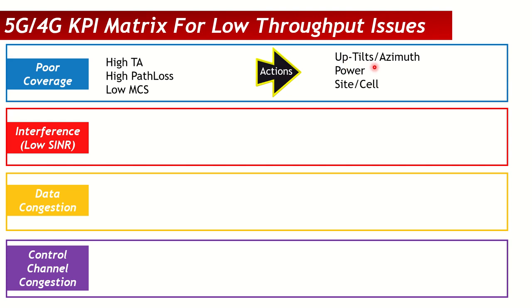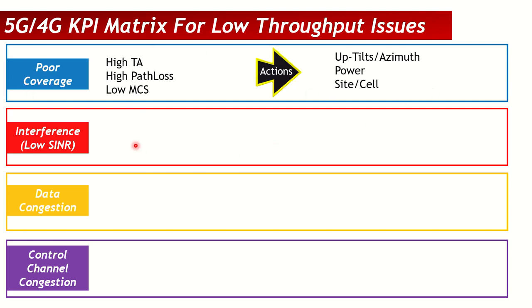If you see on the map that the users are somewhere in a blind spot, you can even retune the azimuths to cover that area. That will also improve this kind of scenario. Or if everything else is done and you're still unable to tackle this poor coverage issue, then you can also suggest a new site or a cell. But this one was a pretty simple one.